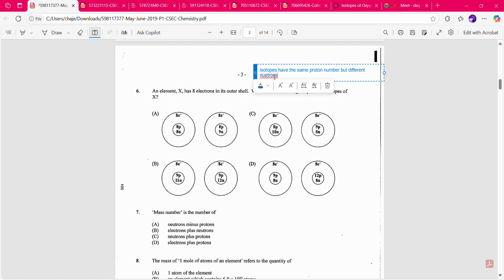Note that protons and electrons are equal if it is an atom and not an ion. So isotopes have the same proton number but different neutrons. Let us look and see if we can find something similar.